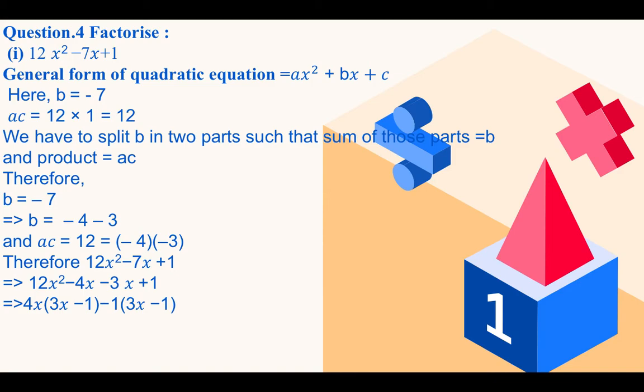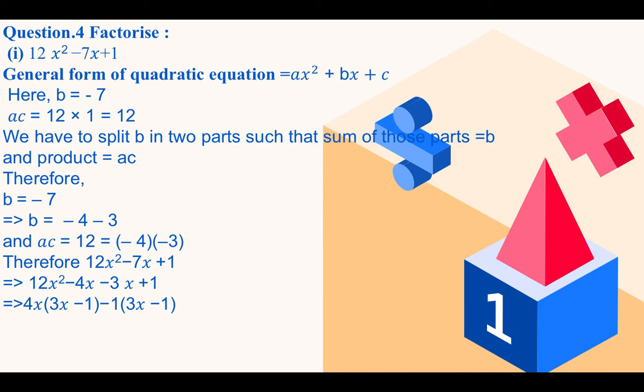Now in the second term what will I take out common? I will take out minus 1 as common. Why have I taken minus 1 common? So that both the bracket terms become the same. The first bracket is similar to the second bracket. So this is equal to 3x minus 1. Minus 1 into 3x will give me minus 3x, and minus 1 into minus 1 will give me plus 1.